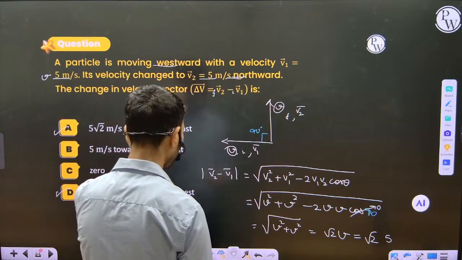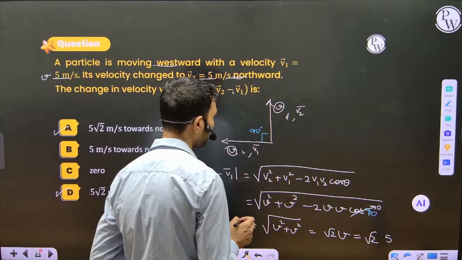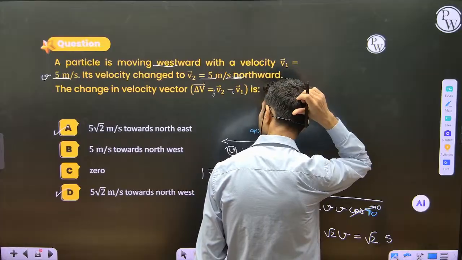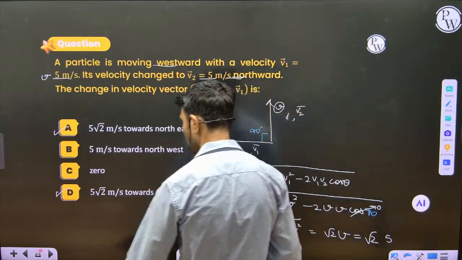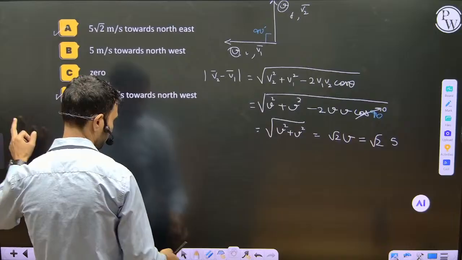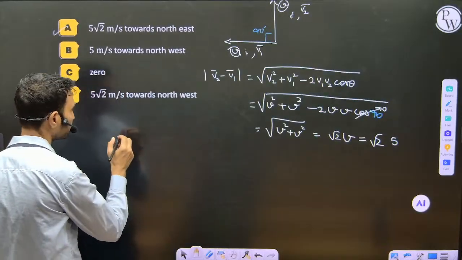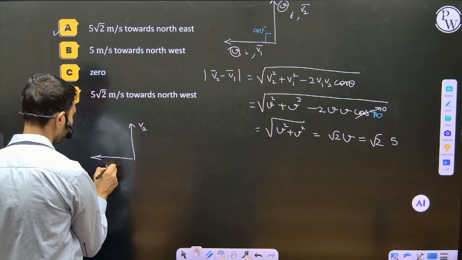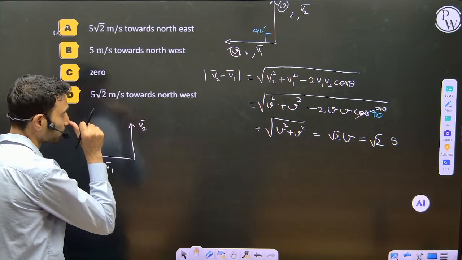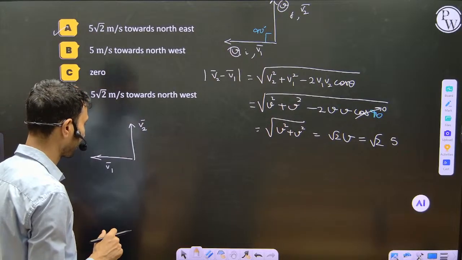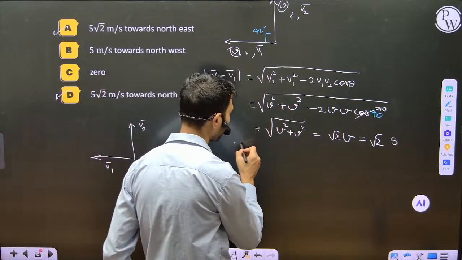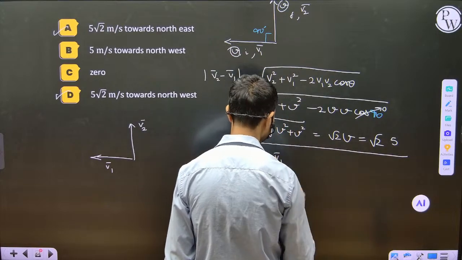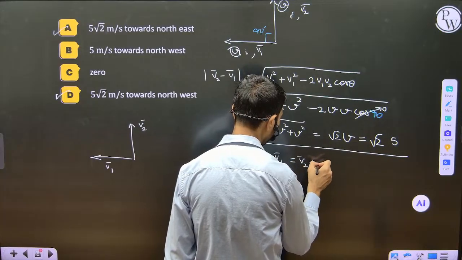So v2 minus v1 we have to do, no? So this can be written as: here we have v2 and v1, right? And we have to do v2 minus v1, that's v2 plus minus v1.